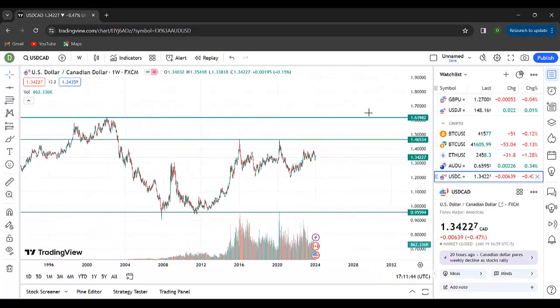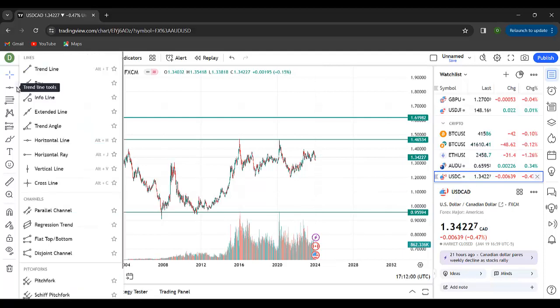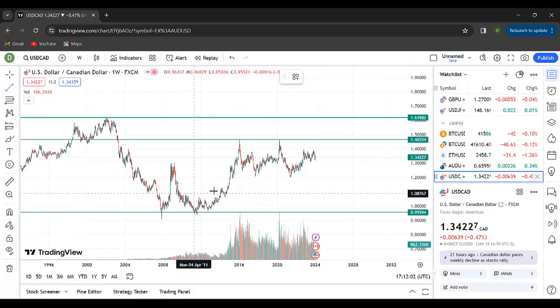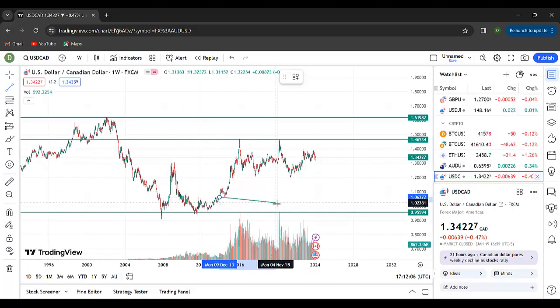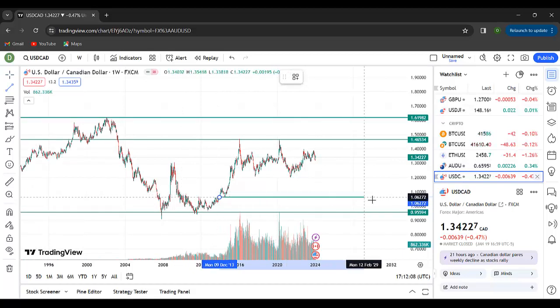So we have a lower high, right? I'll need to map this out. This is also a strong zone. Okay, so we expect price to also come down here.